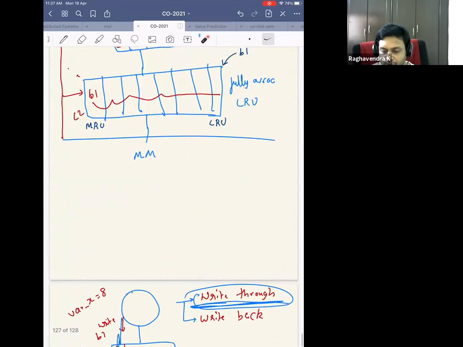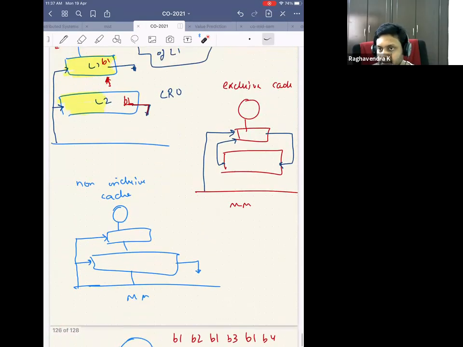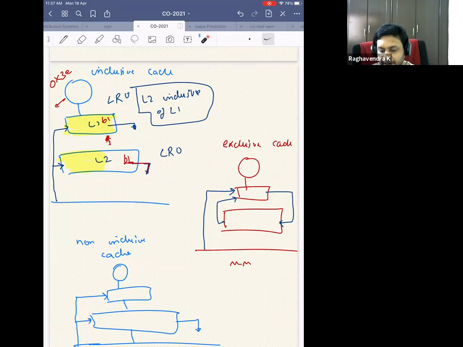No, it has nothing to do with inclusive or non-inclusive. Write back and write through apply even if there is one level cache. You're asking whether I bring it to the cache or not. Inclusive and non-inclusive generally come in multi-level caches. I just explained write back and write through using multi-level cache because it is clearer, but you can have just one level cache and ask the same question: whether I write to the cache and the main memory, or just write to the cache.